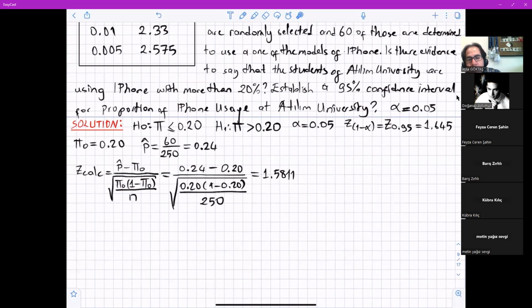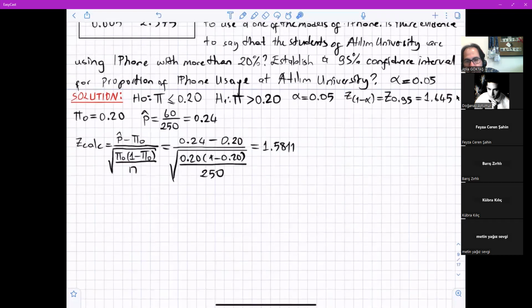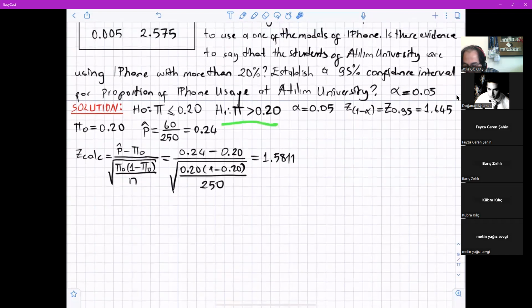You have to check whether this is statistically significant. The calculated statistic is 1.5811, and we know the critical value, which is 1.645, and this is a right-sided hypothesis. We have to construct the critical region on the right side of the Gaussian distribution.